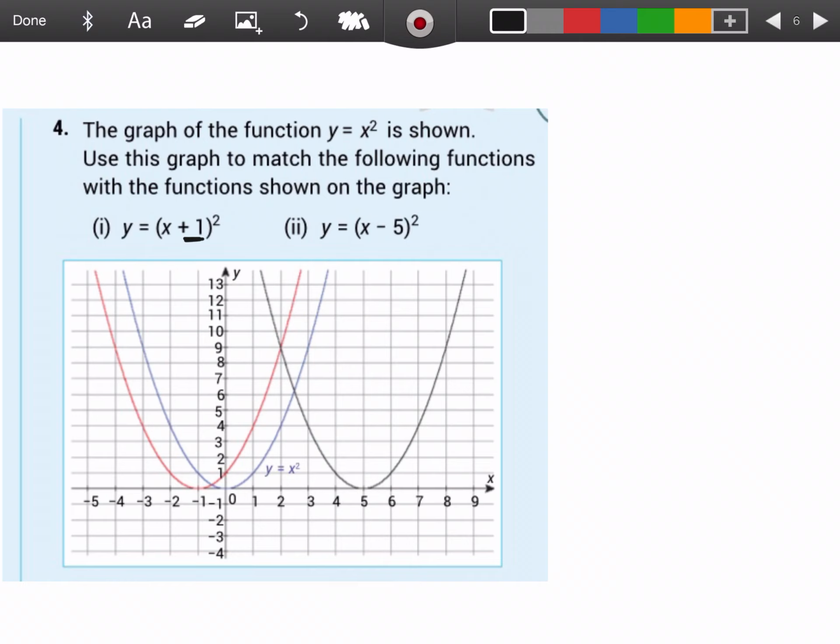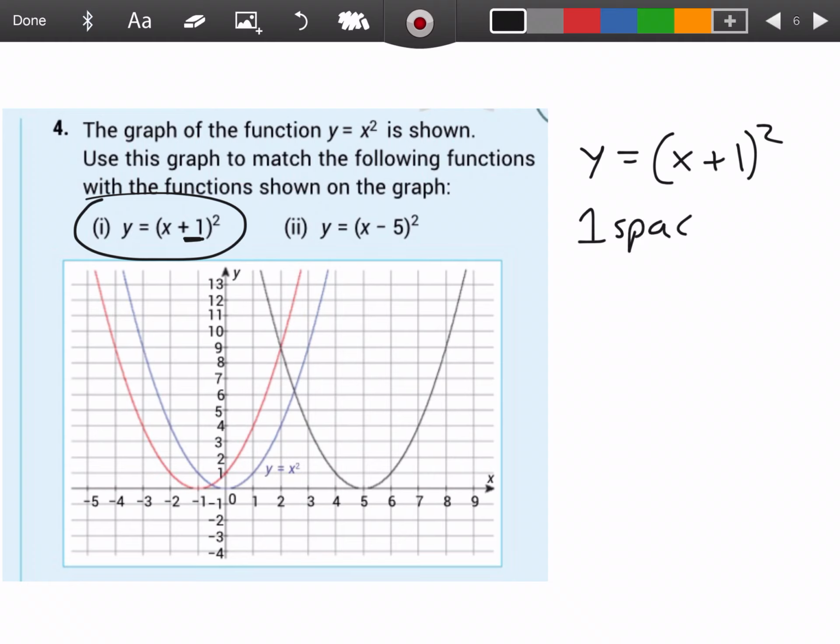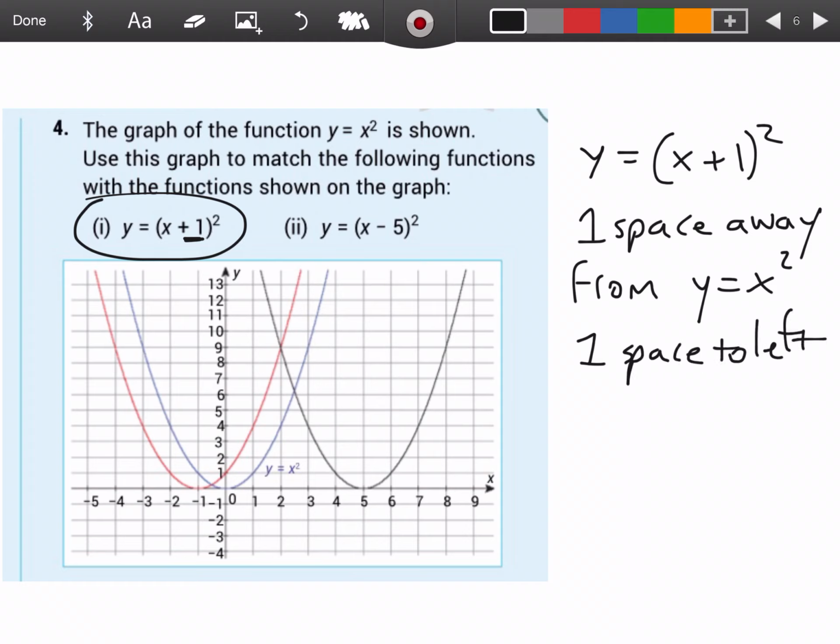So this one, y is equal to x plus 1 squared, should be 1 space away from the original, from y is equal to x squared. So it's the red one. It's 1 space to the left. So that is the red one.